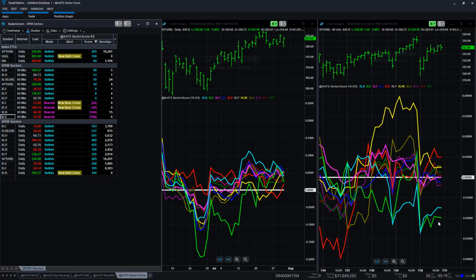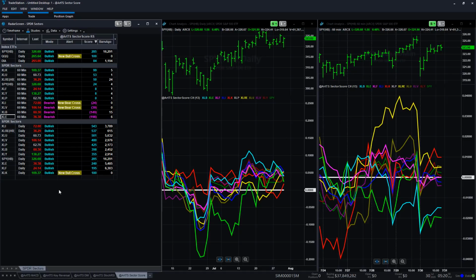So that's the weakest. So what I look for is I look for these sectors to cross above and below 0 to change the mode. So when it crosses above 0, that's my bullish signal. Here we can see that here for XLK on the daily chart. So here, notice that on the daily chart, all of the sectors are bullish. And that's because the market's been trending up for the last month.